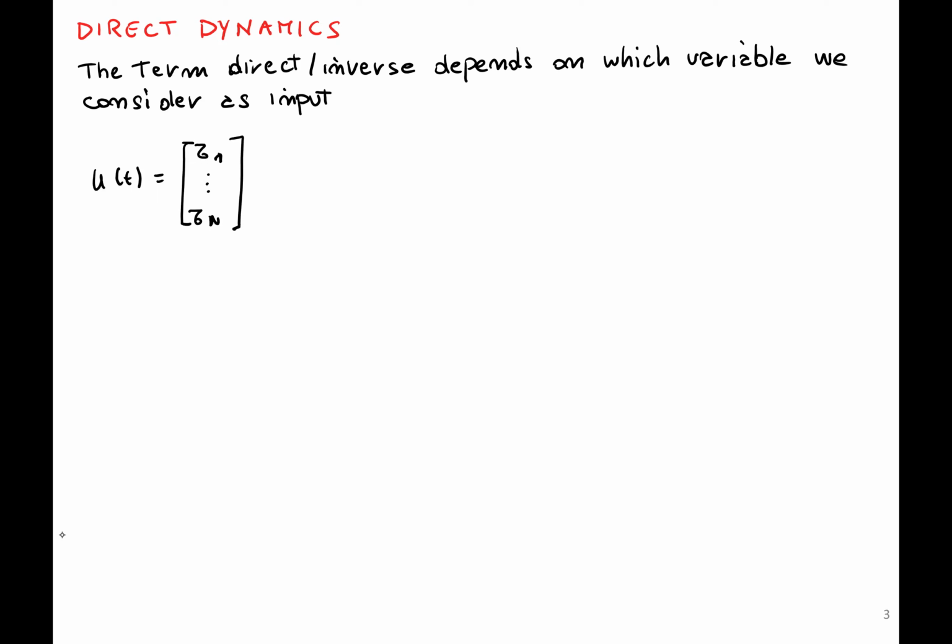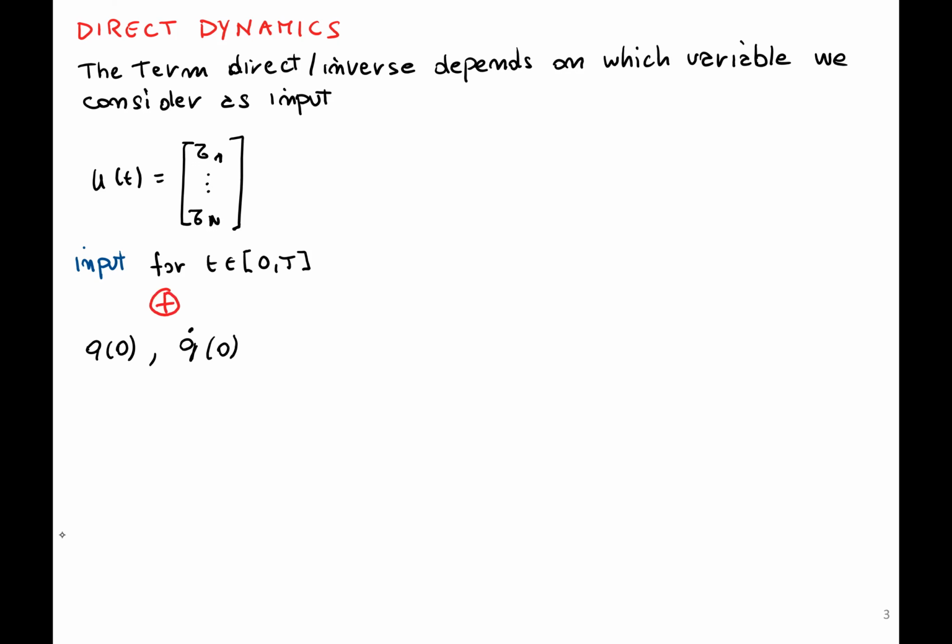So we start with direct dynamics. We select a force pattern, so certain values for the joints in a time interval between 0 and t. This pattern of forces could be sinusoidal, constant, we don't care.